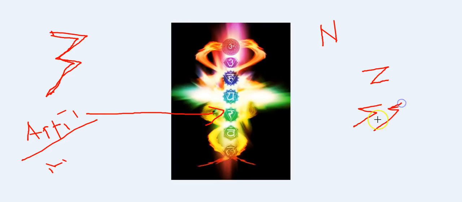The 2 lightning bolts. That's artificial initiation. That's not what you call the true lodge. There is a true lodge. But all the ones we've got in there now, they're all artificial initiates. They're not chosen. If you want to call it chosen.